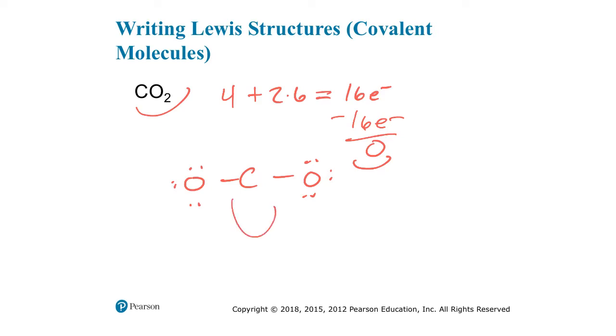So we see we have a deficient octet and a 2 plus formal charge. So we have room for electrons around that carbon atom and a charge to pull them in. So we can pull one double bond in here. So that would go to O double bond C. Think about our formal charges now.